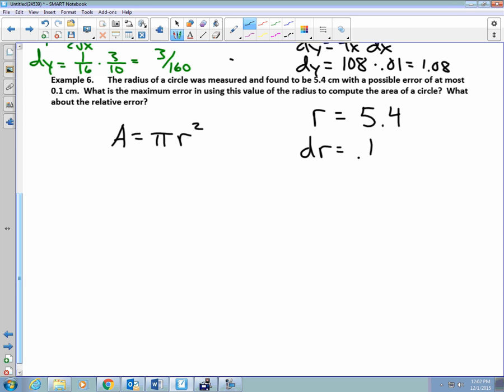Let us take the derivative of area. What's the derivative of A? A prime equals 2 pi r, r prime. And instead of writing r prime, dr is the same thing as r prime. So A prime is equal to 2 pi, what's my radius, times dr, 0.1.